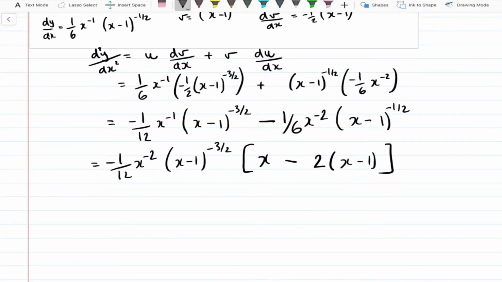So, let's just simplify this. The top is going to be x minus 2x plus 2. So x minus 2x is going to be minus 1. Plus 2 is going to be 2x plus, sorry, 2x minus 3. It's going to be minus all of that, isn't it?